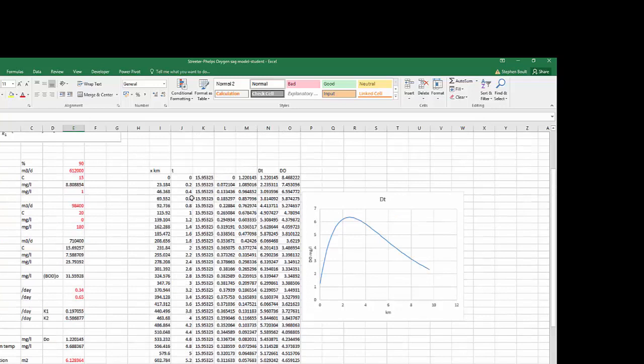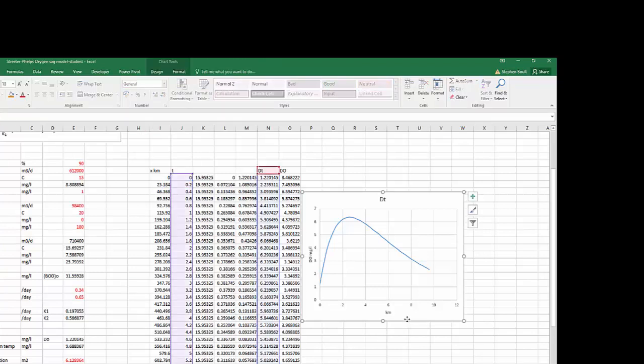We enter those numbers, then we change the time over here, which has been turned into distance in kilometers. The time is in days and the distance then is in kilometers if we multiply the time and the velocity together. So that means that we can plot the graph of deficit against distance.